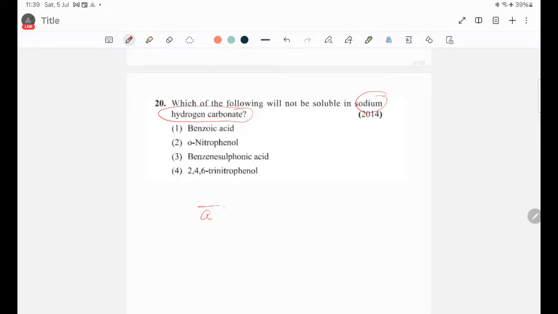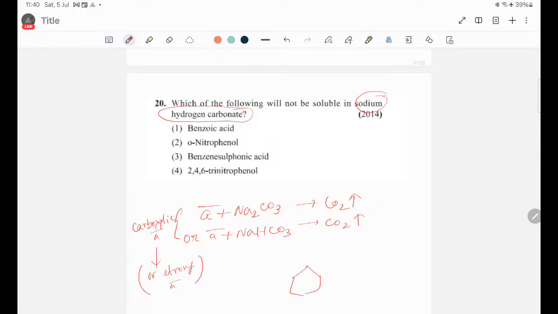If an acid is reacting with Na2CO3 or NaHCO3, in both these cases carbon dioxide will be liberated, only if the acid is a carboxylic acid or a strong acid.